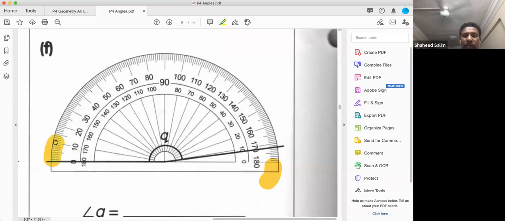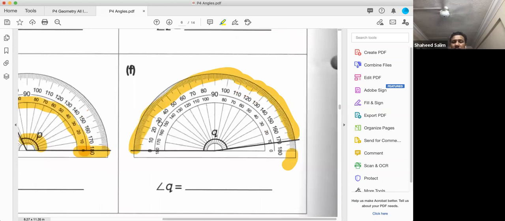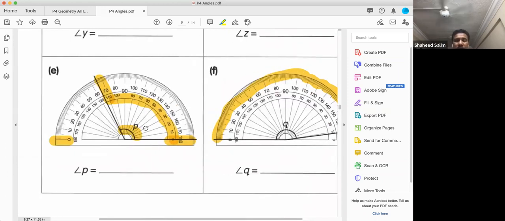Okay, start from here: 0, 10, 20, 30, 40, 50, 60, 100, 110, 120, 130, 140, 150, 160, 170, 1 and 2, 172 degrees. Okay, easy, yeah. Neris, congratulations. Well done.